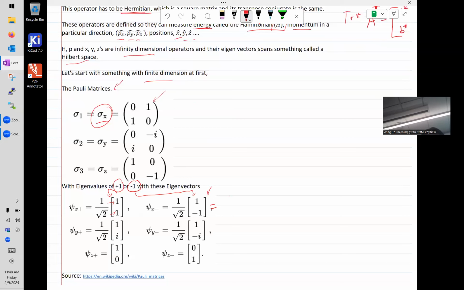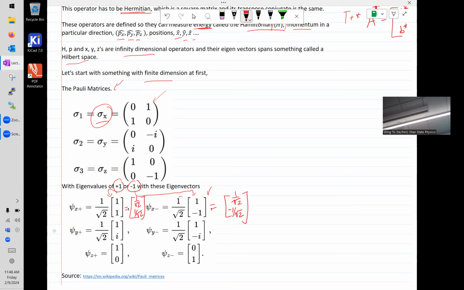I'm going to write this so it's clearer that the negative sign is not the eigenvalue, it's just part of the vector itself.